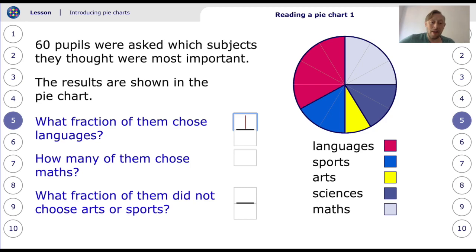And once you've worked out that piece of information, it then makes it much easier to answer some of the questions. So pause the video and have a think about the 3 questions in blue. Use the colours and the segments in the pie charts to help you work out the fractions and the numbers involved. So yeah, pause the video now, jot down your answers and we'll see if you're right.